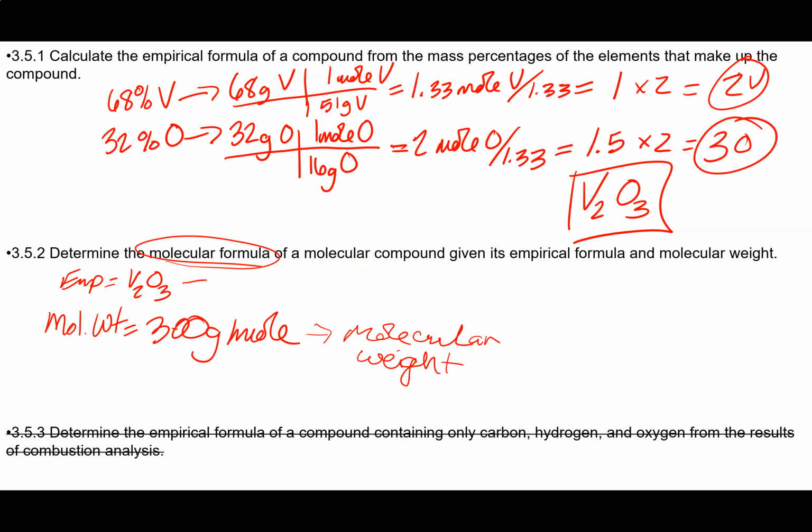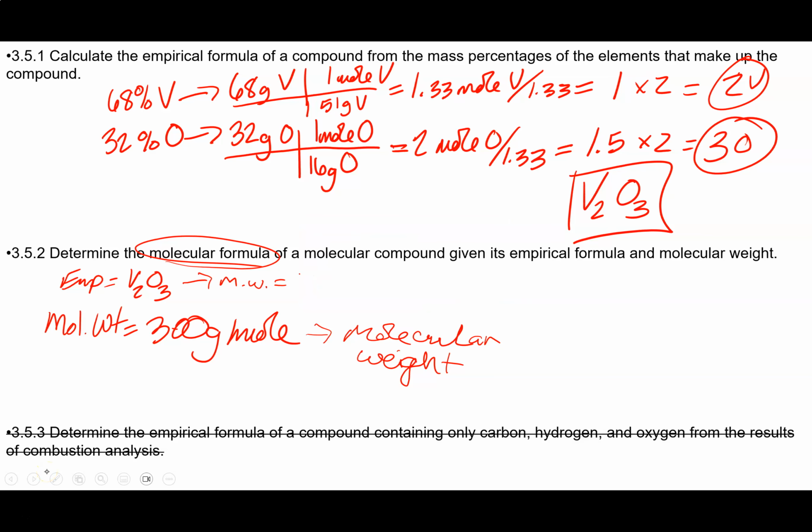So in order to do this, I need to know the molecular weight of my empirical formula. Okay, so the molecular weight of this V2O3 empirical formula is 150 grams per mole.